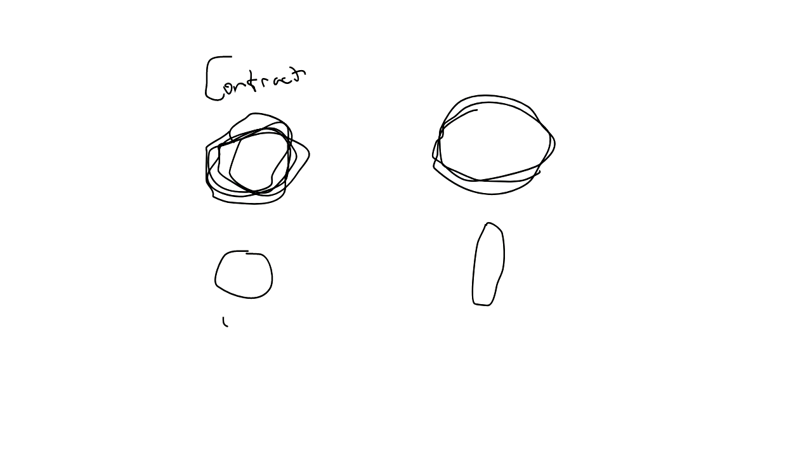The lens gets fat. To see far away, we relax the muscle and the lens gets thin. Does that make sense?